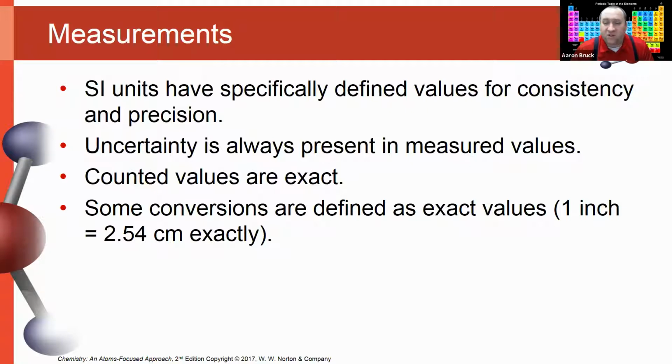So even if I measure something in centimeters and then want to convert it into inches, yes, the conversion between centimeters and inches is exact, but the original measurement of centimeters or of inches will have some uncertainty associated with it. So we cannot escape uncertainty when we are measuring things.